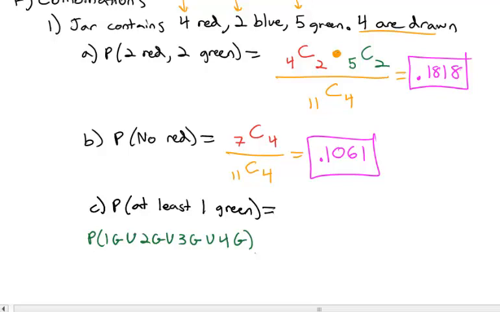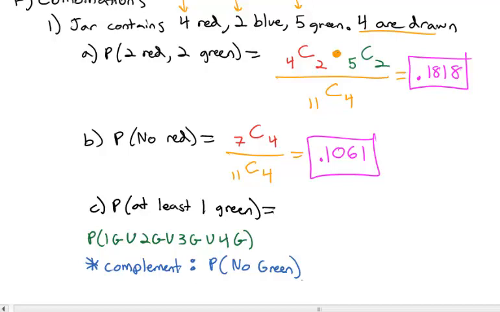But there is another option. We're going to calculate the complement, the probability that I do the opposite of this. The opposite of getting at least 1 green is the probability of getting no greens, because this will make up our entire sample space.